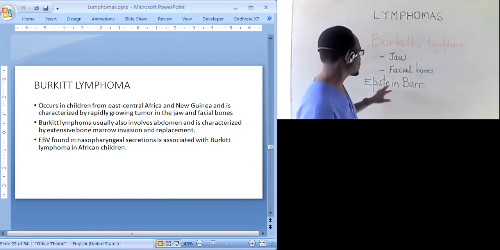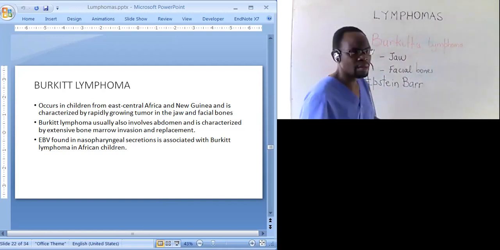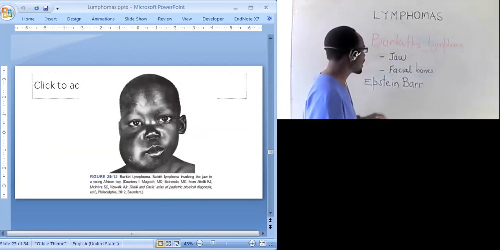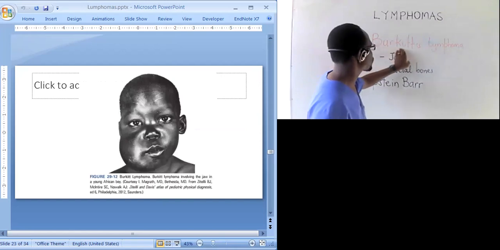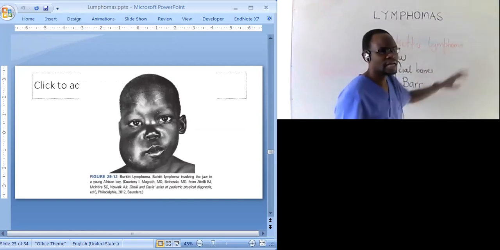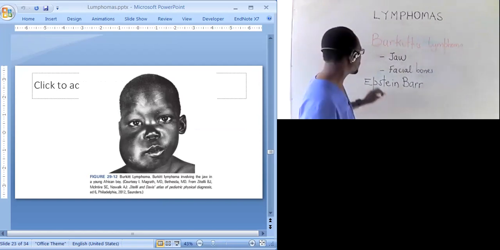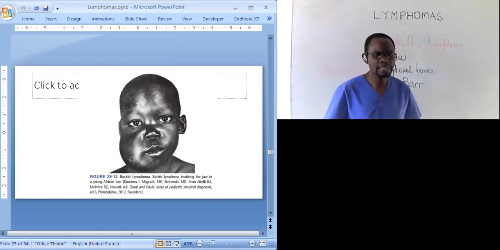So whenever you see a child like that, that is most likely what we refer to as Burkitt's lymphoma, as you can see. That swelling of the jaw and facial bones is Burkitt's lymphoma.